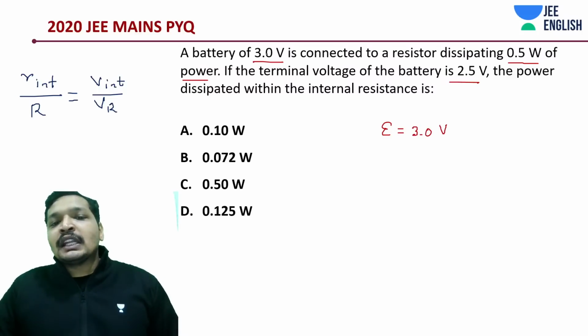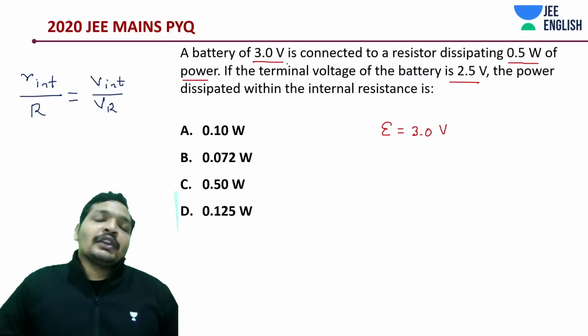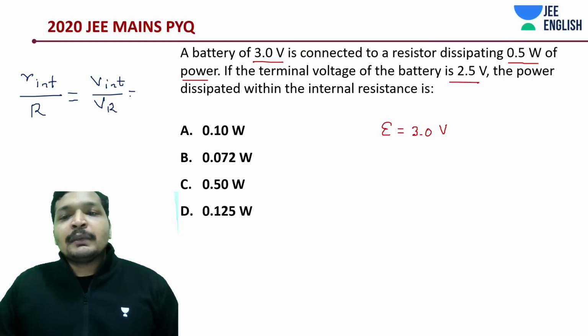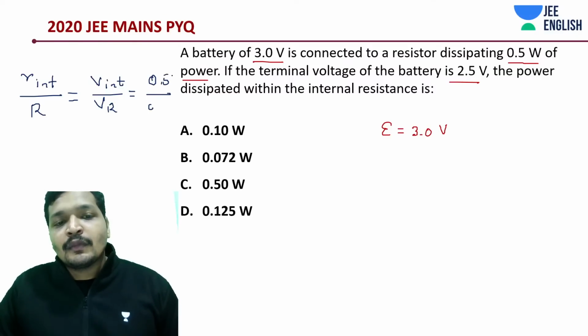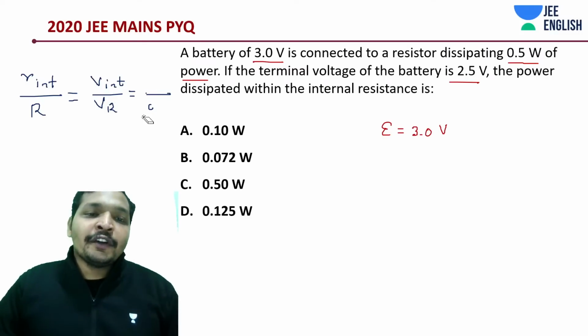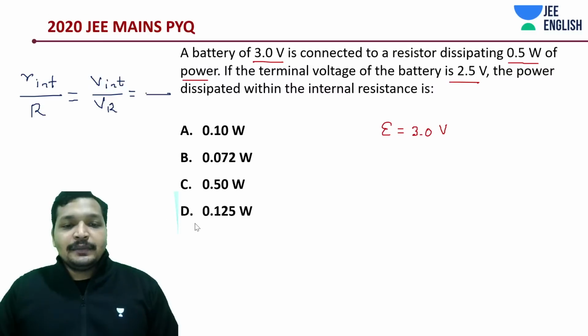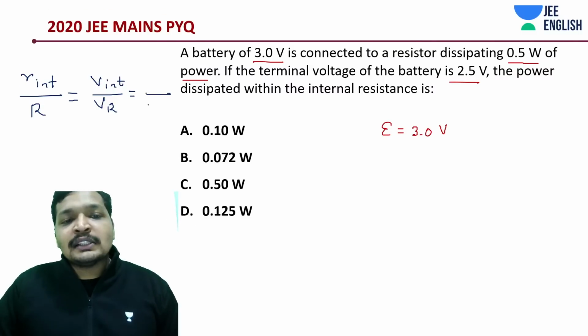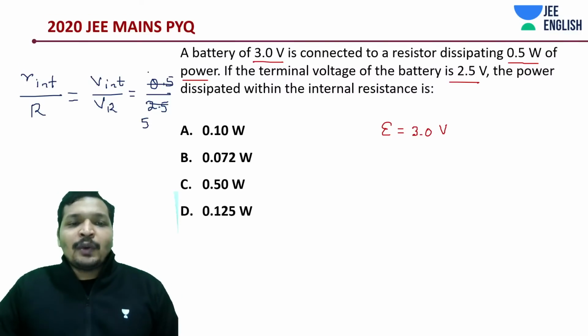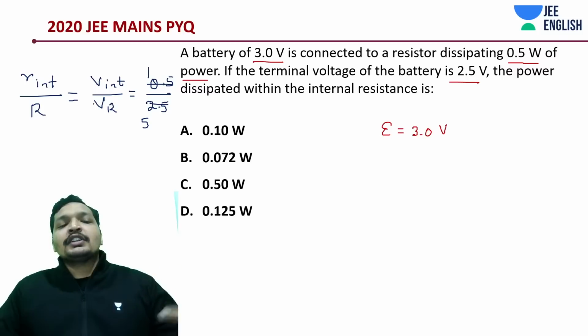If 3 volt is the total potential of the battery, but it is only supplying 2.5 volt, that means 0.5 volt is lost and 2.5 volts is supplied. Who is consuming the 2.5 volts? The external resistor. 0.5 volts is being consumed by the internal resistor. That's 1/5 of the power is what it should be consuming.